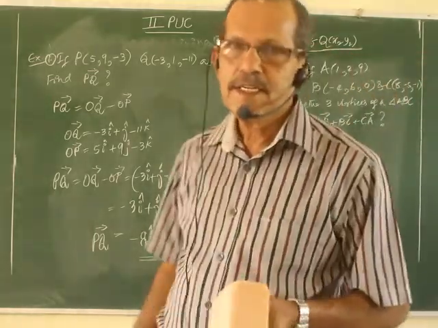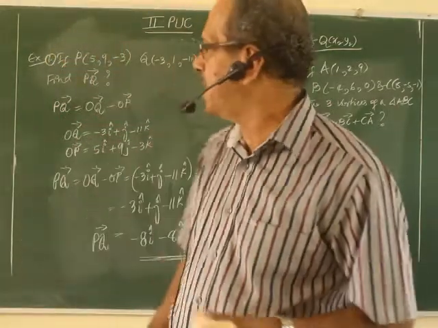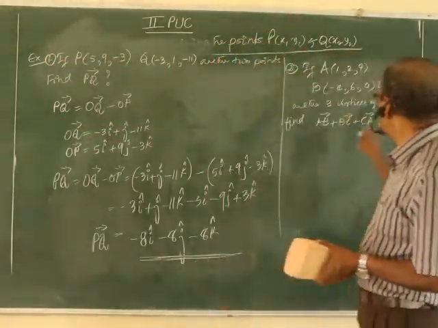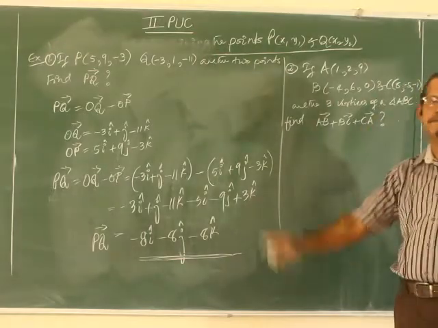Same question. Instead of finding PQ, here you have to find AB, BC, CA, then add them.